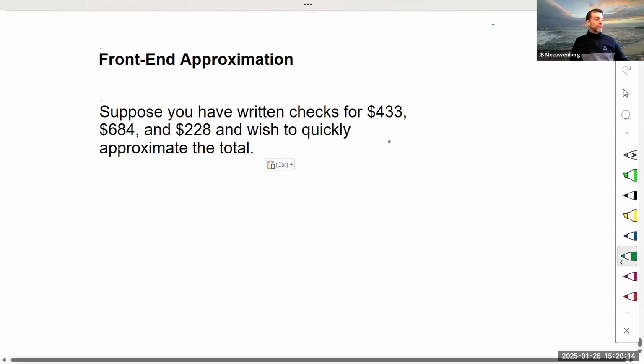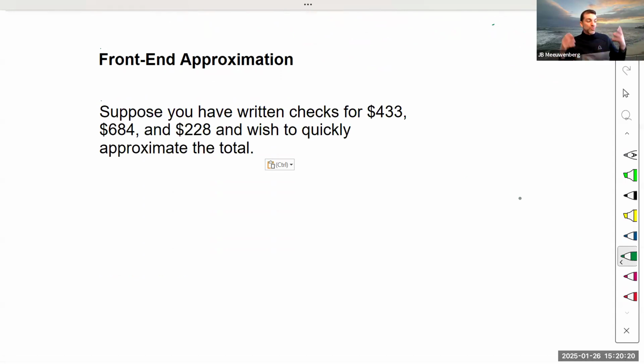Here's a scenario. You've written checks for $433, $684, and $228, and you wish to quickly approximate the total. That's the key. It's quickly. If you're going to do front end, all you do is you look at the first digits. You say these are all counting by hundreds. They're all in the hundreds.